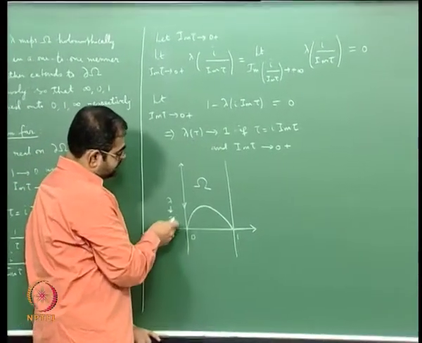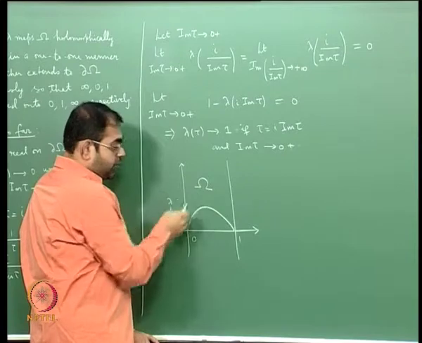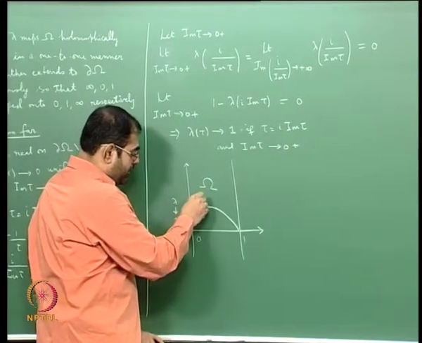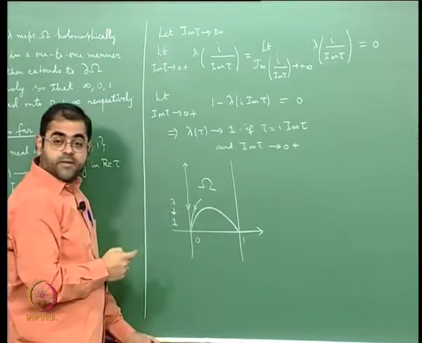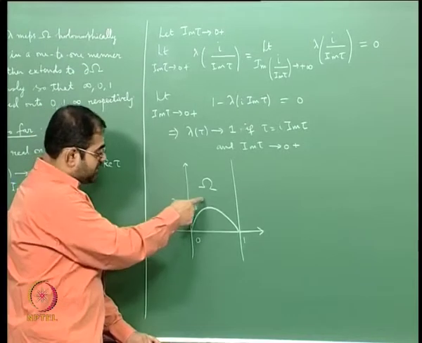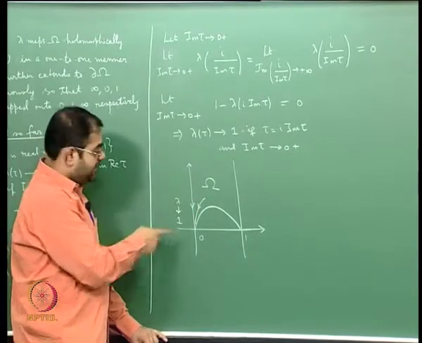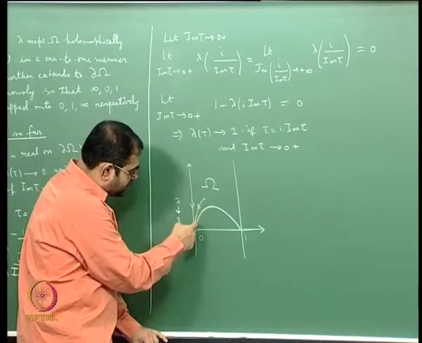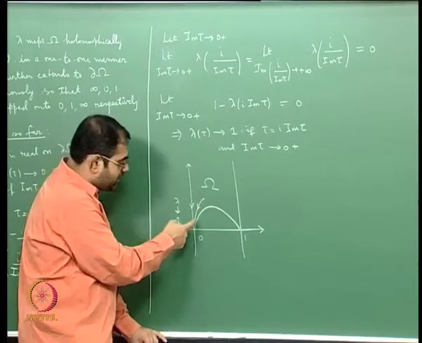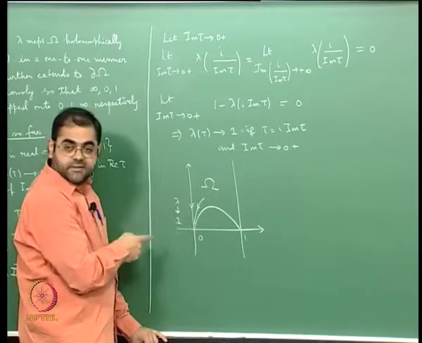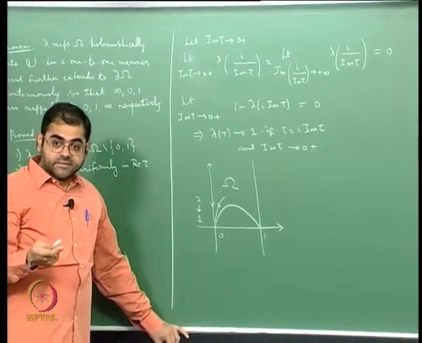And notice that if you approach 0 by any sequence of points inside omega, whether it is a discrete sequence or even if you approach continuously, in any case because it is being caught between a portion of the arc of this semicircle and the imaginary axis, it has to come infinitesimally close to the imaginary axis, and in the upper half plane lambda is of course analytic, so it is continuous.